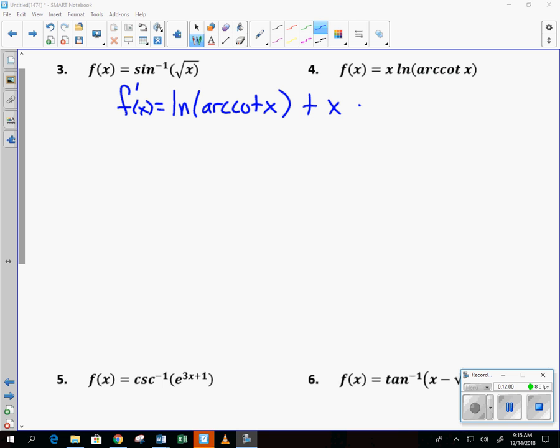What rule do I use there? I use the chain rule. Thank goodness for the chain rule, right? I mean, talk about an important, powerful rule that we've used. Natural log of u, cotangent inverse of x. What's the derivative of arc cotangent?